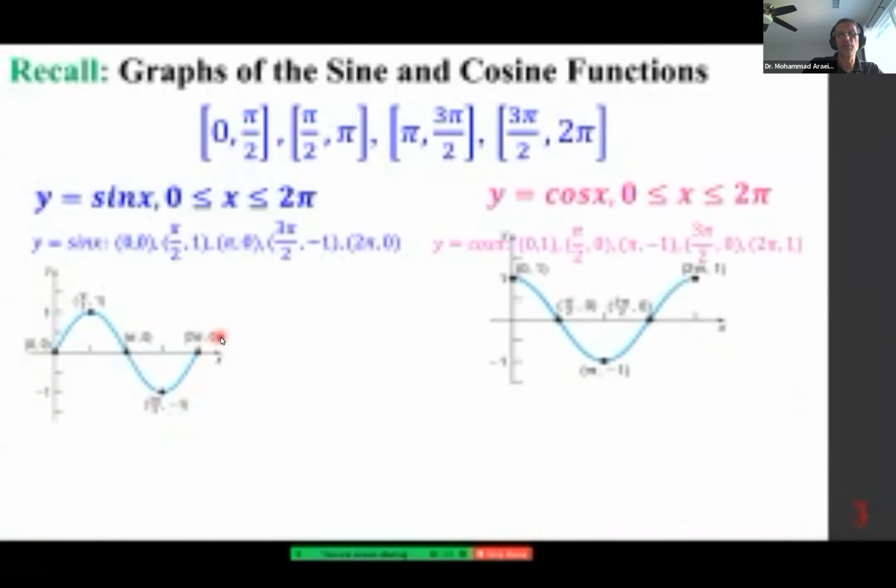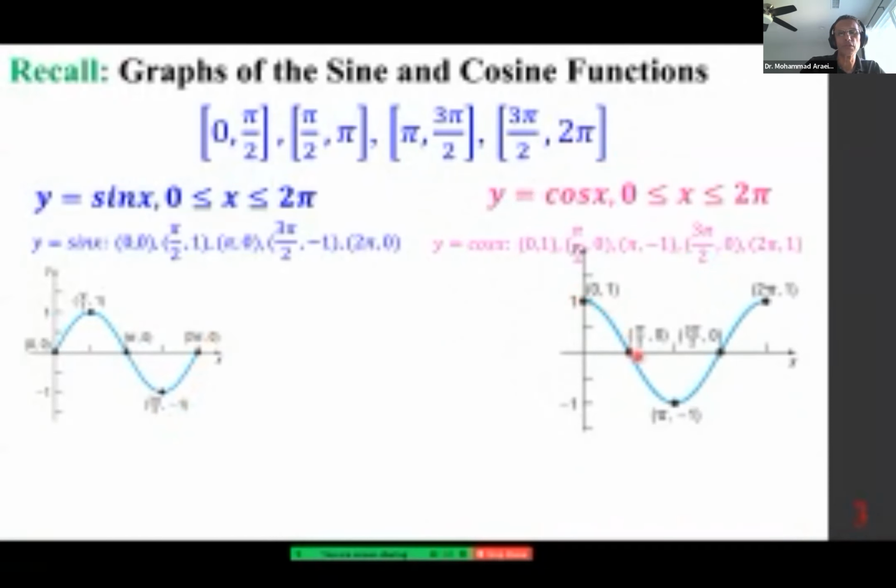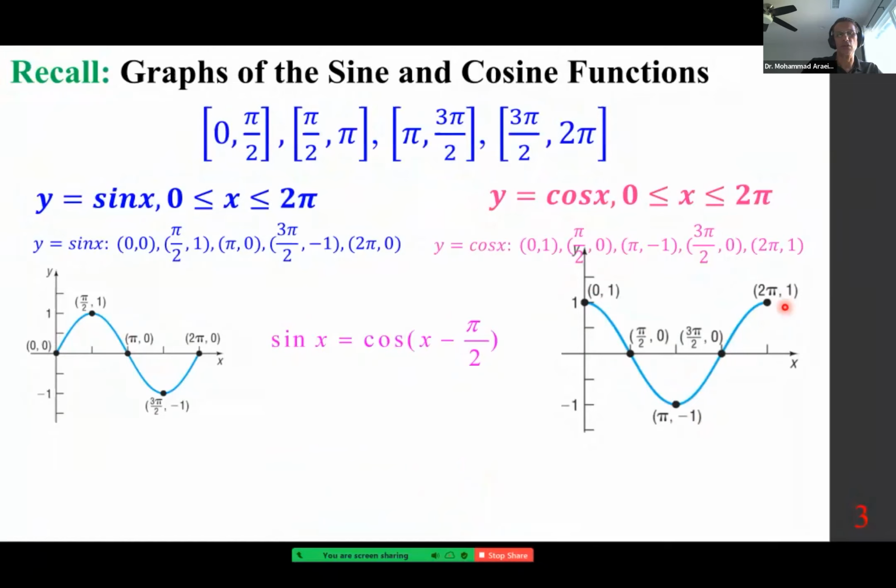And conceptually, the same thing here, the 4 arcs, 1, 2, 3, 4 for cosine, 0, 1, pi over 2, 0, pi -1, 3 pi over 2, 0, 2 pi 1. So that's the idea of cutting it into 4 equal parts.